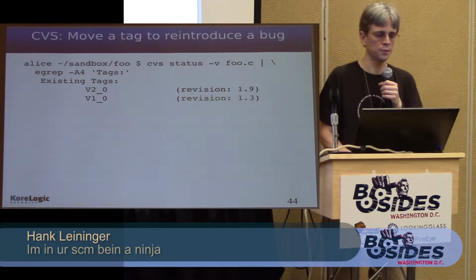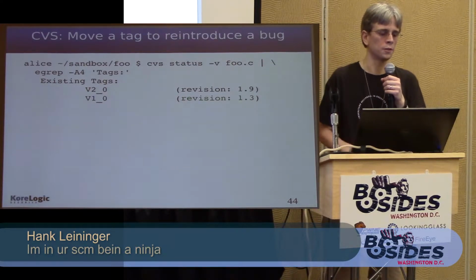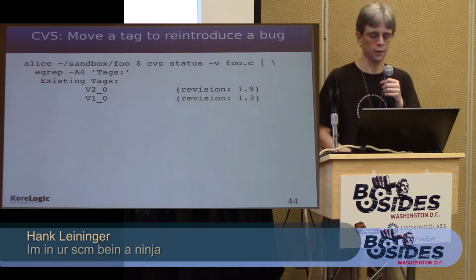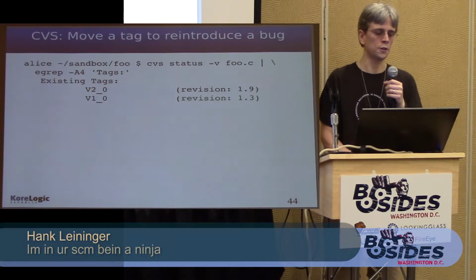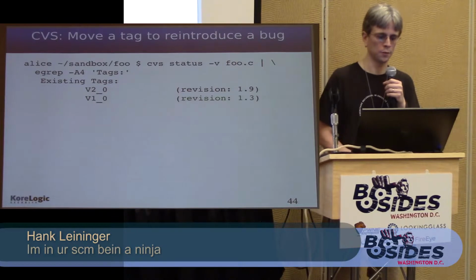Here's an example of this in action. So CVS status tells you things about stuff, and one of the things it tells you is what tags are on a given file. So Alice is sitting there, and she's showing that the version v1_0 tag is tied to the safe revision 1.3.